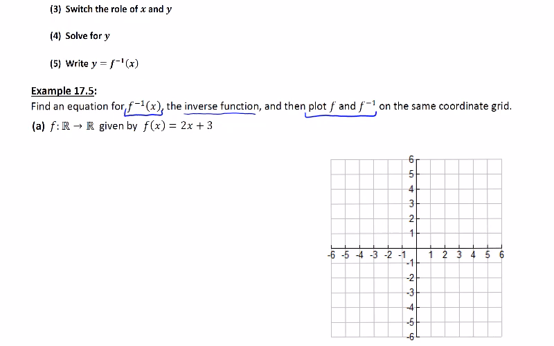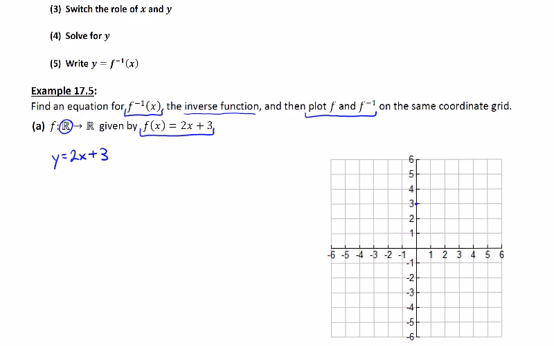And for part A, we have f with the domain of all real numbers, given by f of x equals 2x plus 3. So I'm going to take f of x and think of it as y equals 2x plus 3. Hopefully you're recognizing this as a linear function, and a linear function should have no problem passing the horizontal line test, but it's good to go ahead and graph it and then see that for yourself.